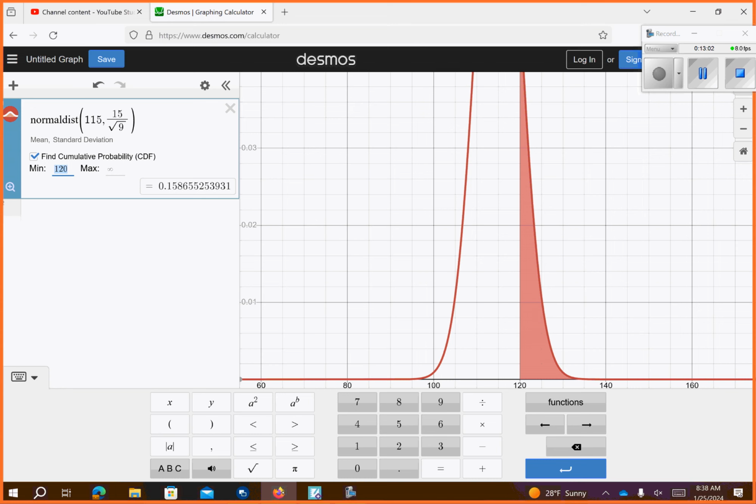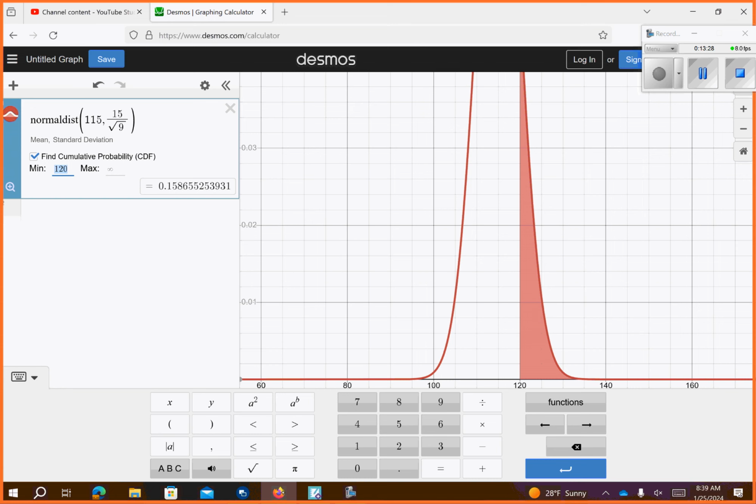All right, so in this case, because we're only choosing 9 films, if we were to select 9 films at random, what's the probability they're 120 minutes or longer? In this case, it comes to about a 16% probability. 16% probability could happen.